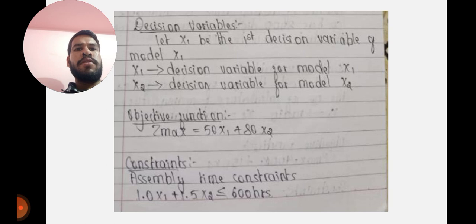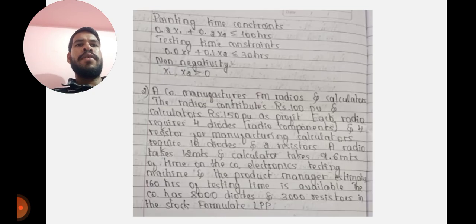Assembly time constraint: 1.0 x1 plus 1.5 x2 less than or equal to 600 hours. Painting time constraint: 0.2 x1 plus 0.2 x2 less than or equal to 100 hours. Testing time constraint: 0.0 x1 plus 0.1 x2 less than or equal to 30 hours. Non-negativity: x1, x2 greater than or equal to 0.